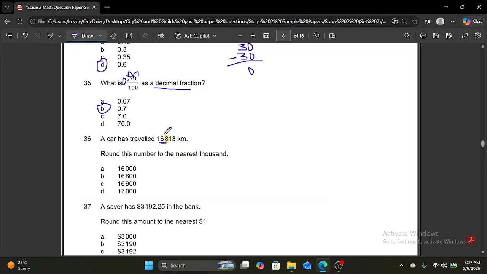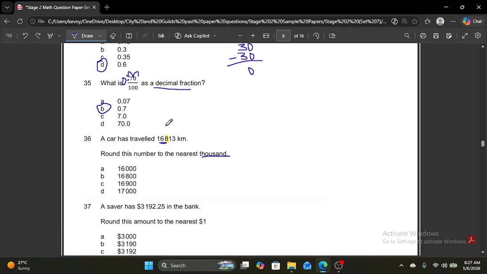If it is 5 or greater, we add 1 to the number in the place that we're looking at. So the nearest thousand, look at the thousand right here. 6 is in the thousand place. 5 is beside it. If it is 5 or greater, we add 1.